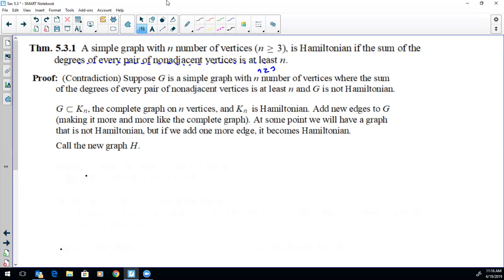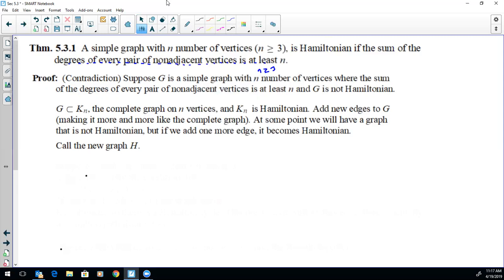Now, if we start adding edges to G, in other words, make it more and more complete, at some point we'll have a graph that's not Hamiltonian, but when we add one more edge, it becomes Hamiltonian. It may be that you go all the way to the very last edge that would make it complete. I don't think that would happen, but certainly there's some finite number of edges we could add to G to make it Hamiltonian.